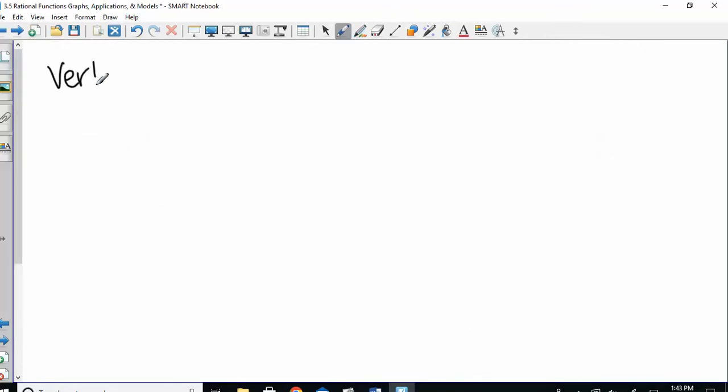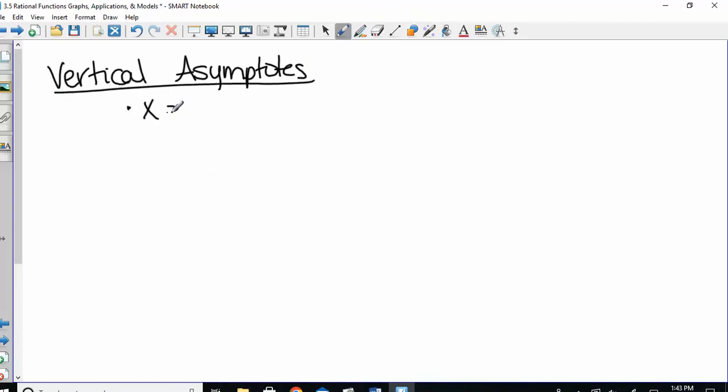So vertical asymptotes. They are always going to be of the form x equals a number, because it's a vertical line.